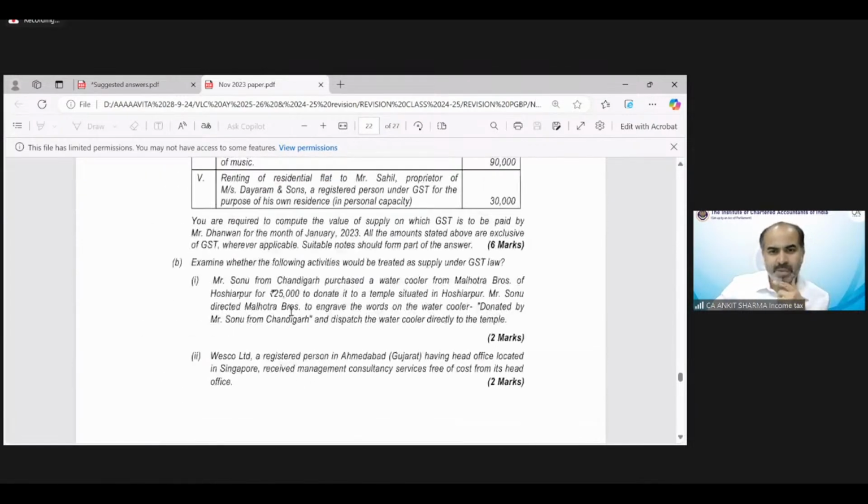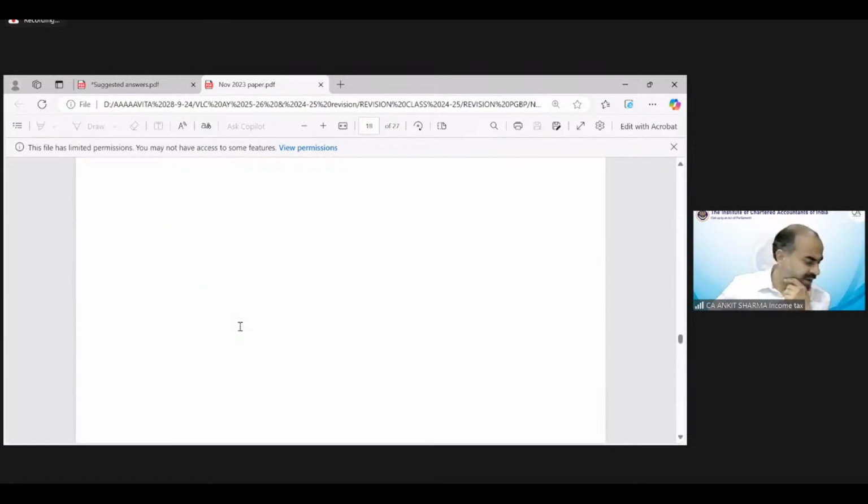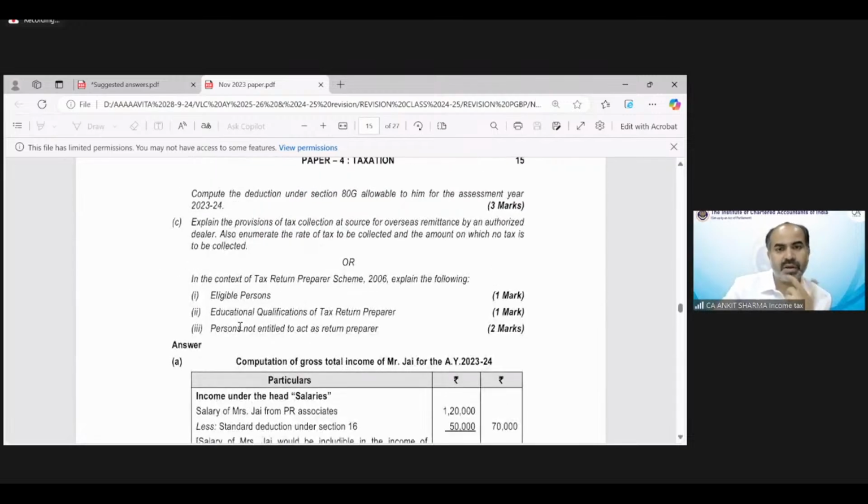That was a TRP provision. You can see over here, question number 4C, again 4 marks. So, in the context of Tax Return Preparer Scheme 2006, explain the following. What are eligible persons in case of TRP? Their educational qualification and the persons not entitled to act as a return preparer. That was a theoretical question.